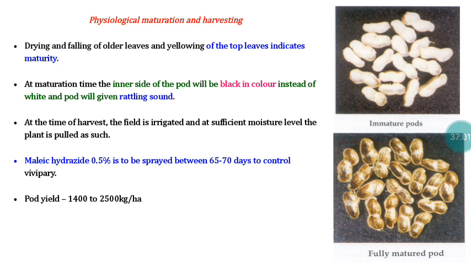So if you feel that the crop maturity is going to coincide with the rainfall, as a precautionary measure you can apply maleic hydrazide at the rate of 0.5% at 65 to 70 days itself. If you apply that at the dose of 0.5%, your seeds will not be able to germinate. So it is a kind of temporary dormancy.